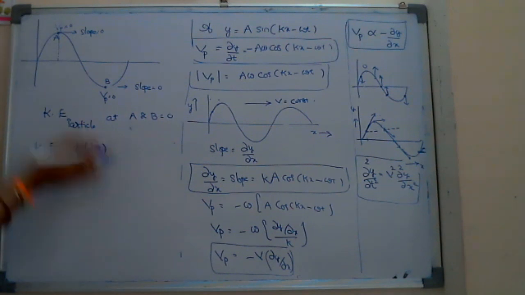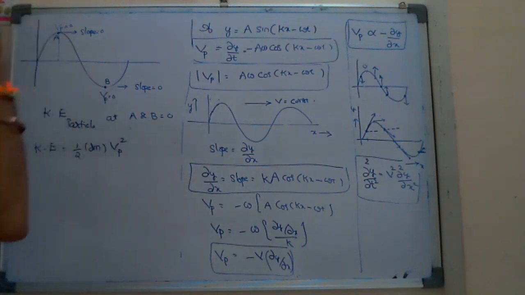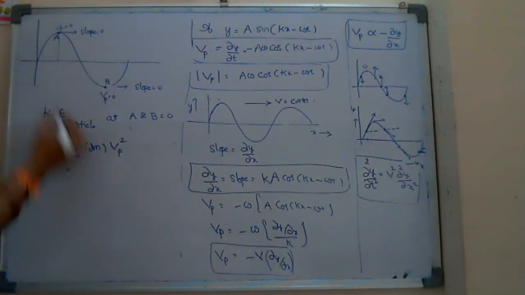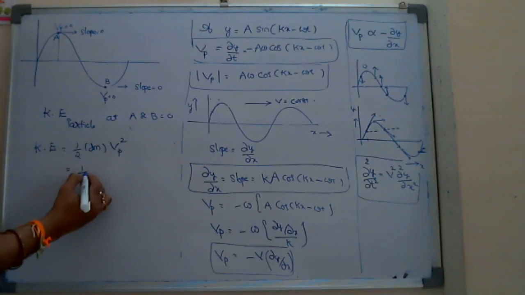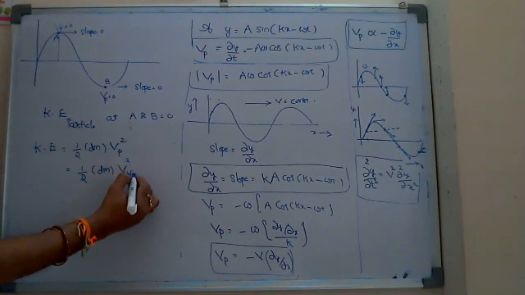So kinetic energy is equal to half m v, where v is the velocity of the particle. From this equation, don't get confused: kinetic energy at a point, don't write it as half dm into velocity of wave square. This is wrong.